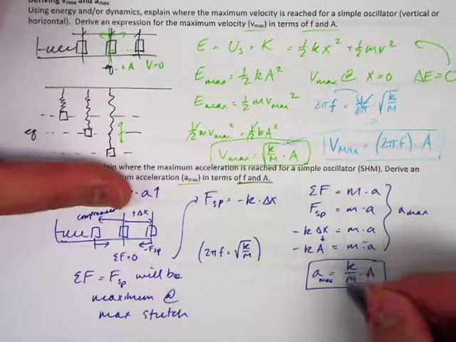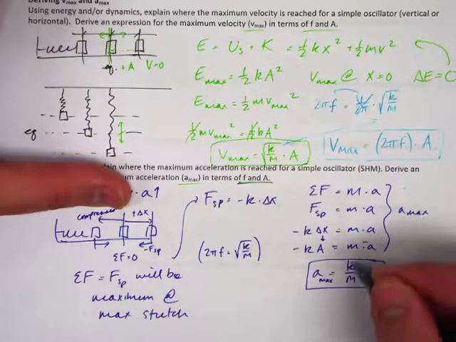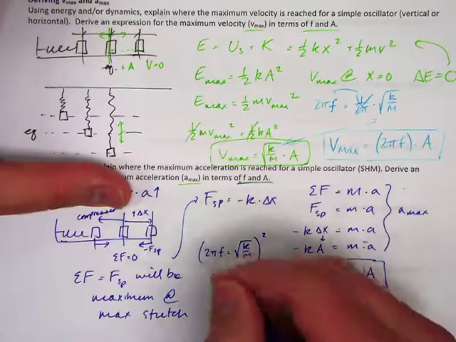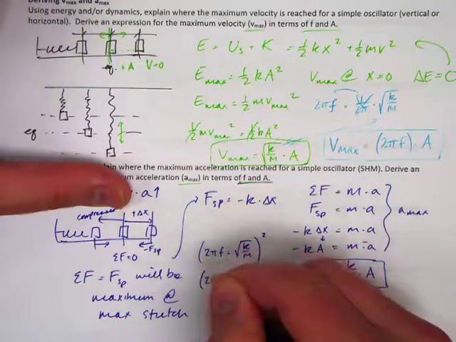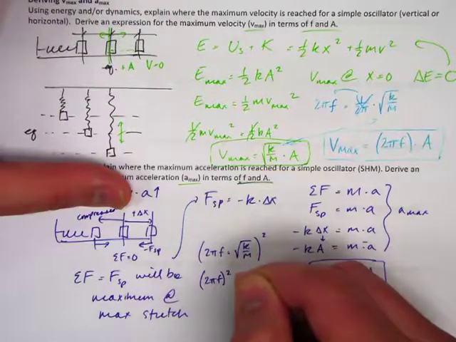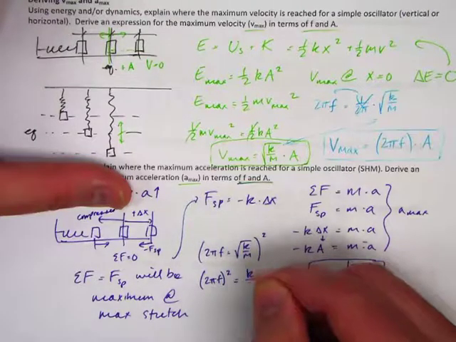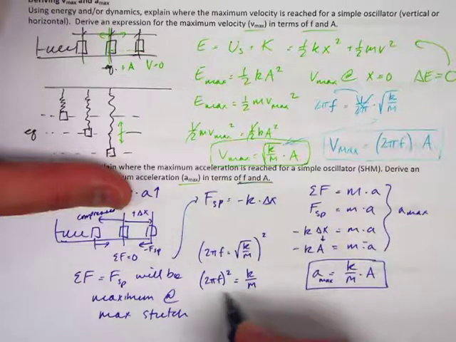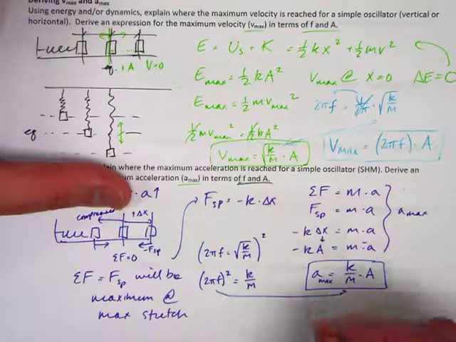Now, notice I don't have square root of k over m. I have just k over m. So I'm going to square this whole thing. So I get 2 pi times the frequency squared equals k over m.